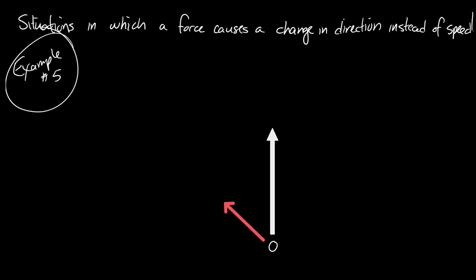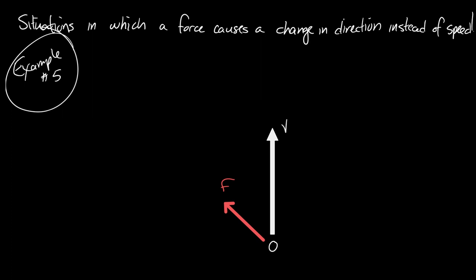If I apply a force this way, say this is the velocity here, part of this force is in the direction of motion, and part of this force is to the left. This force will make the object travel faster over time because part of the force is directed in the direction of motion, and part of this force is going to cause the object to move to the left.